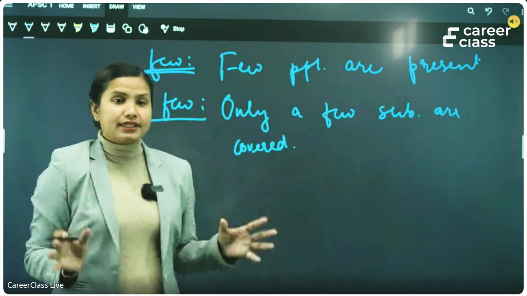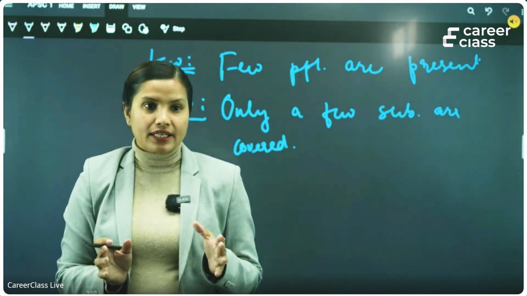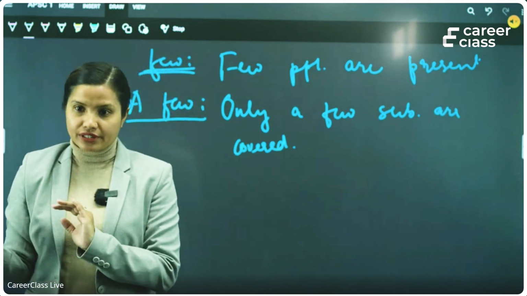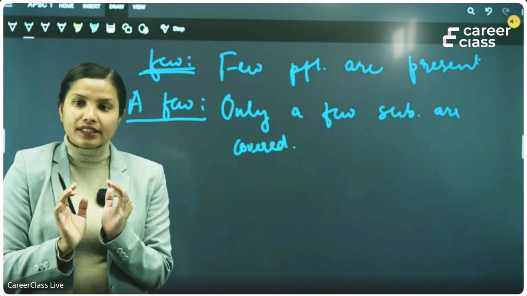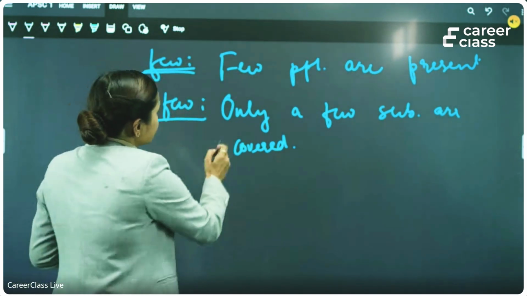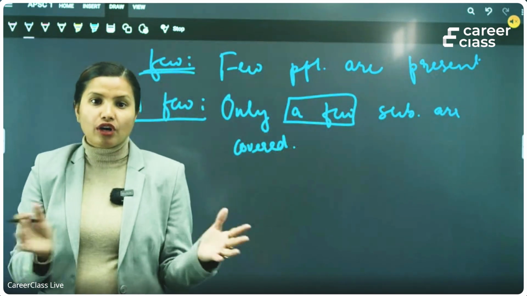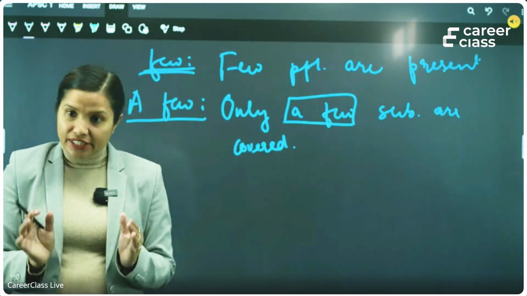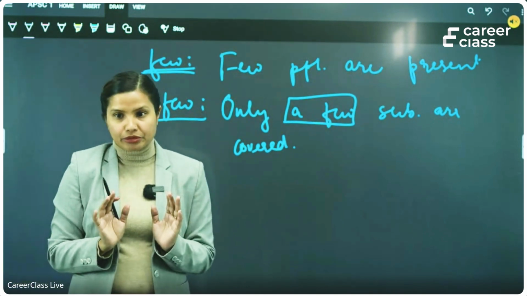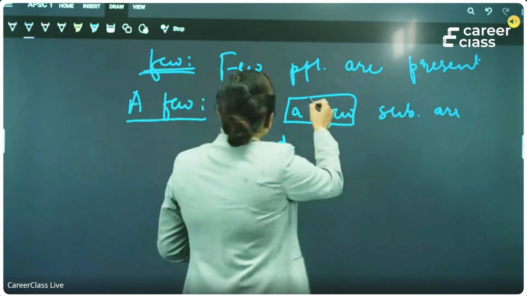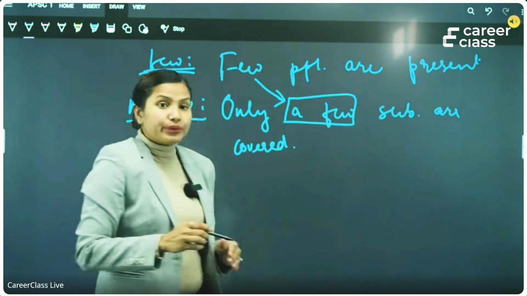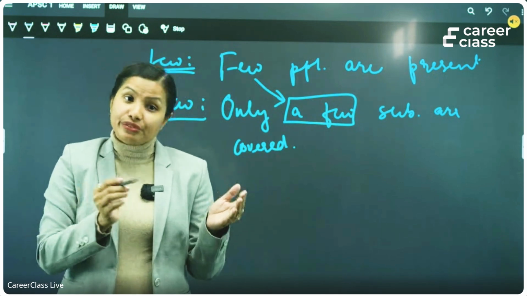So, among many subjects, a few of them have been covered. Okay, it does not mean the whole amount or much of it, but definitely some considerable amount. It is more than few. A few is more than few.